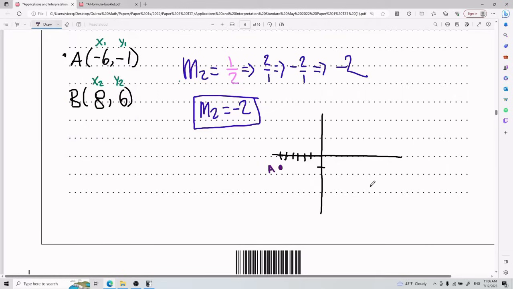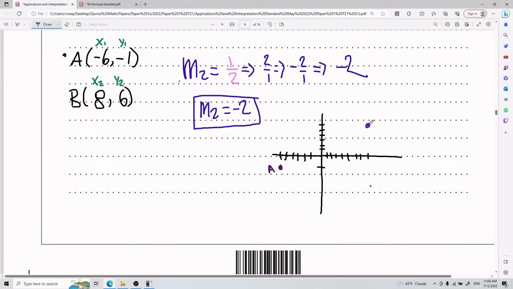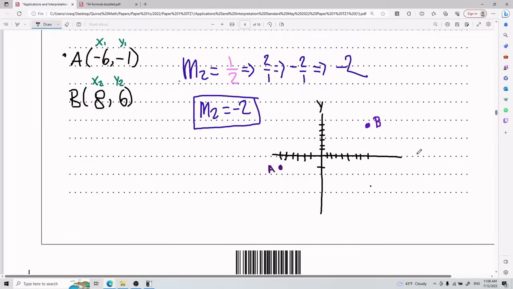On another side, I have point B, which is going to be around here. Point B. I know it's not drawn to scale, I know it's not pretty, but it will make a very good illustration of my point.